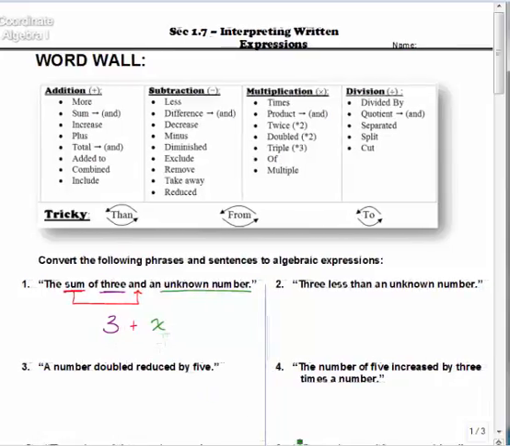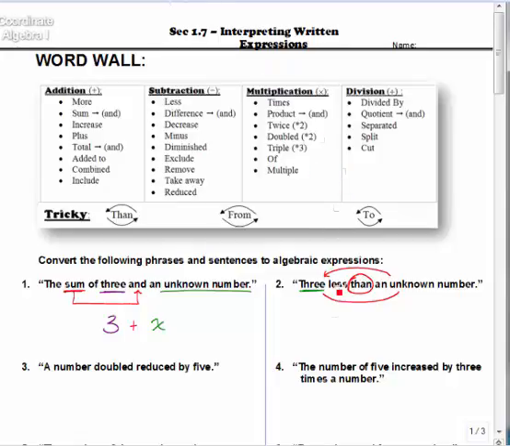All right, the next one says 3 less than an unknown number. So we got to be careful. First of all, note that in this example right here, we have the word than. So than means we're going to have to take the two quantities and flip them around. And so that means the unknown number is going to come first. And 3 is going to come second. And it tells me that I'm going to say less, so it's going to be minus.